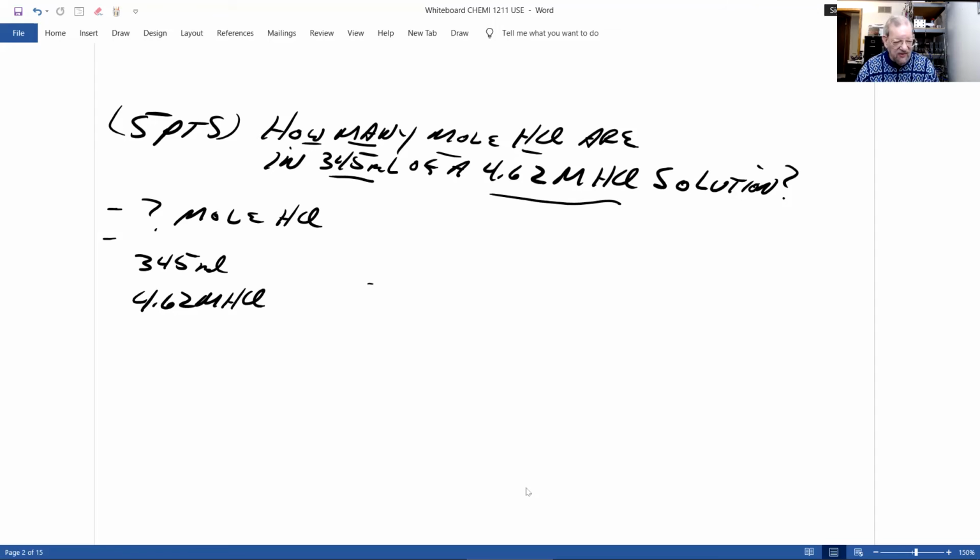And the question is, how do you proceed? Well, first you look at this and say, capital M with a number and a formula on either side, that's molarity. And what does this mean? It means 4.62 moles of HCl, hydrochloric acid, per 1,000 milliliters.